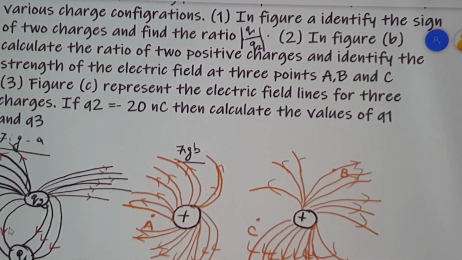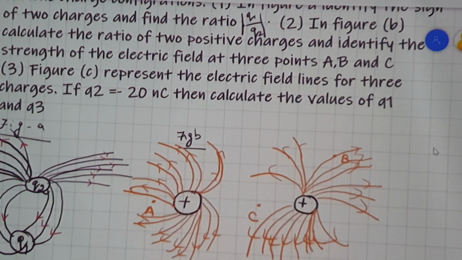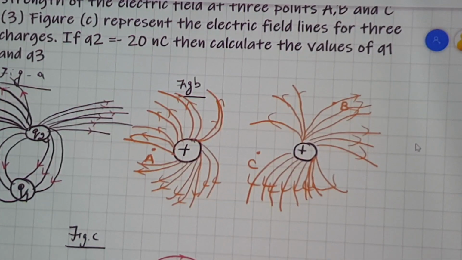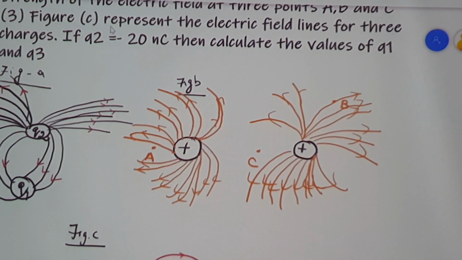See, in this first figure. In figure B, that is in the second figure, calculate the ratio of the positive charges and identify the strength of the electrical field at 3 points A, B and C. So this is point A, this is point B and this is point C. And figure C represents the electrical field lines for 3 charges.